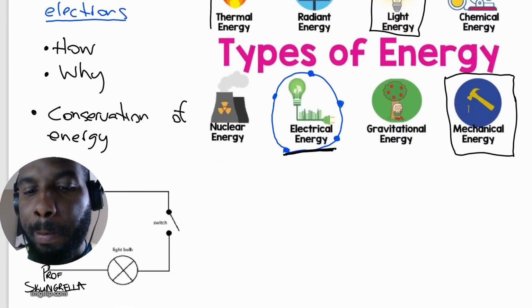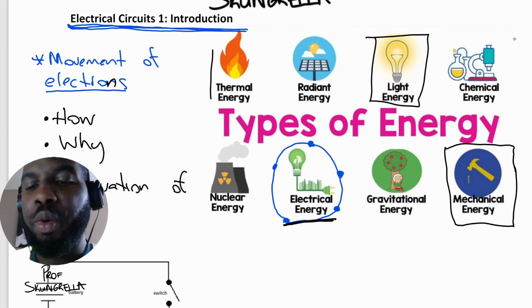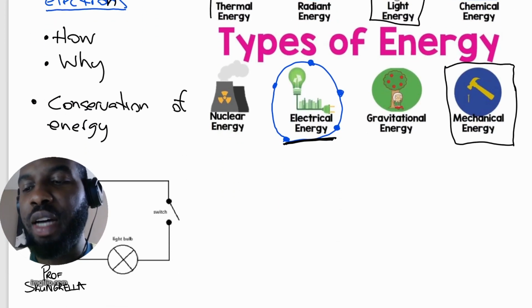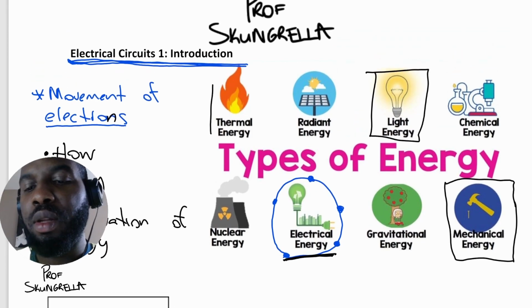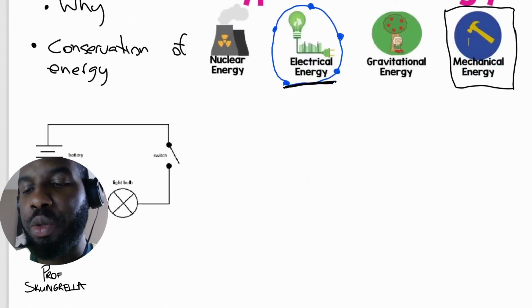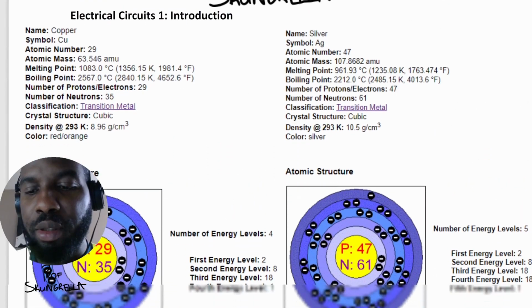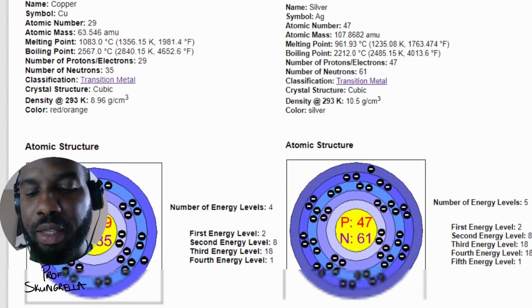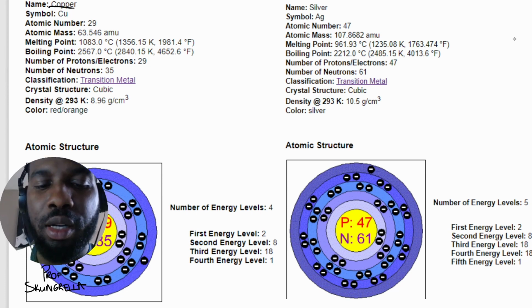All right, so we need to understand the movement of electrons and to know why electrons move. We need to look at the Bohr's model of the atom, where we can see which electrons are going to move. So here I have two examples that I got from a website of the Bohr's model for two elements. Let's start with copper, right?